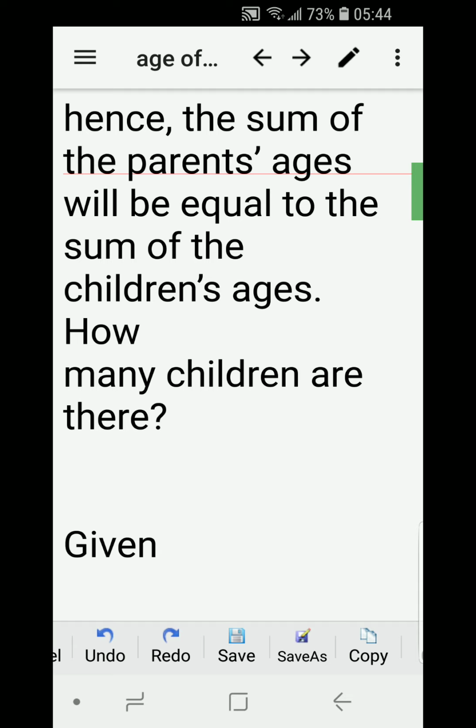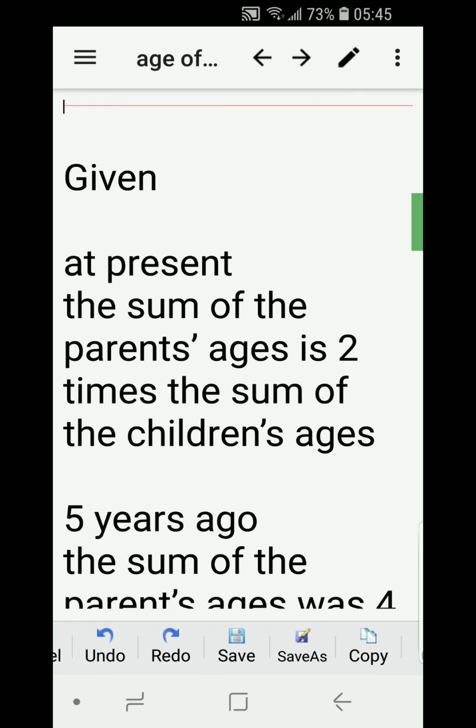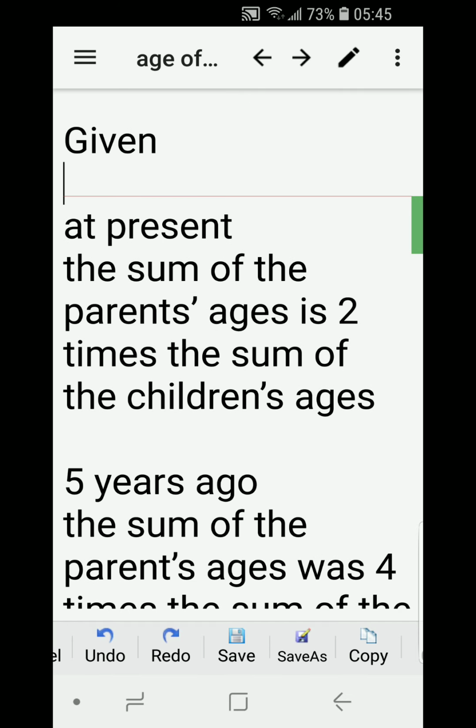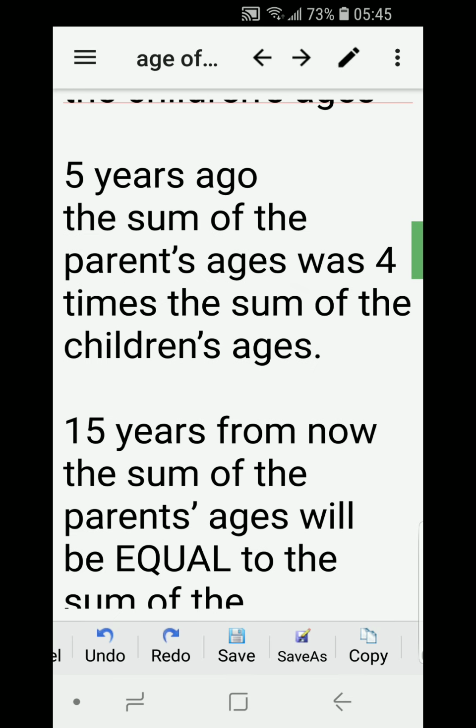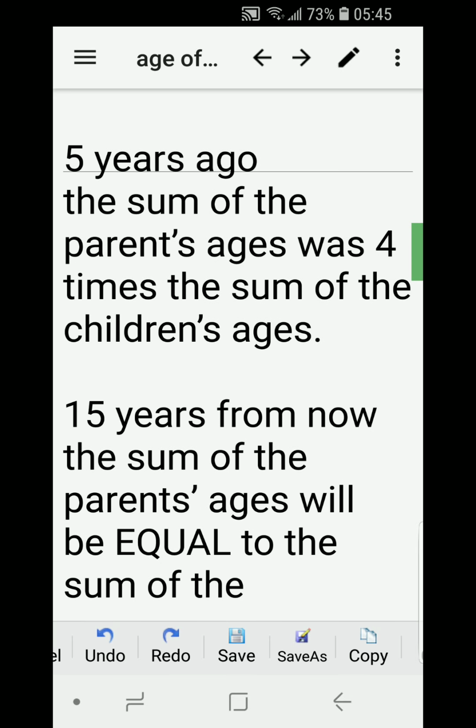Okay, it's a long question. We need to analyze the given. At present, the sum of the parents' ages is 2 times the sum of children's ages. And 5 years ago, the sum of the parents' ages was 4 times the sum of the children's ages.